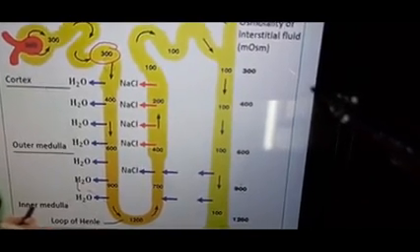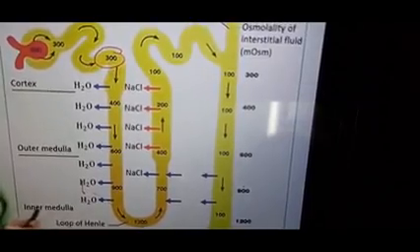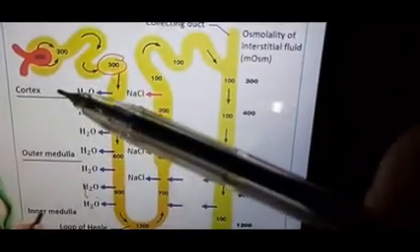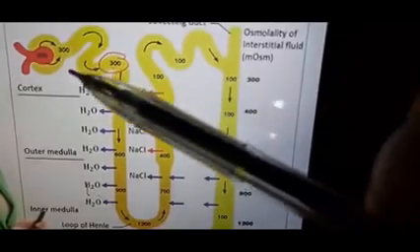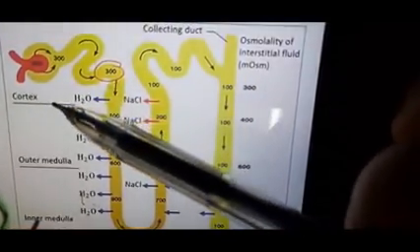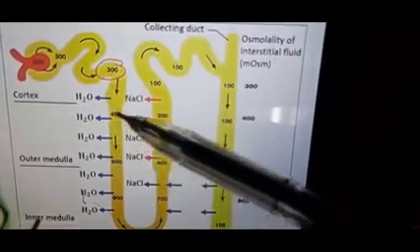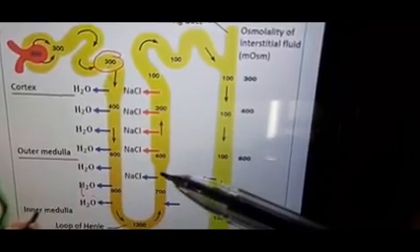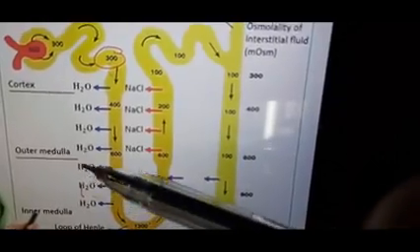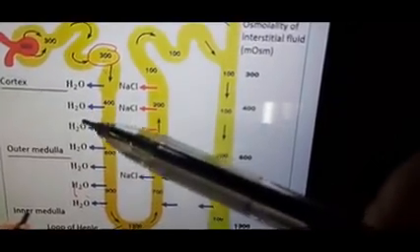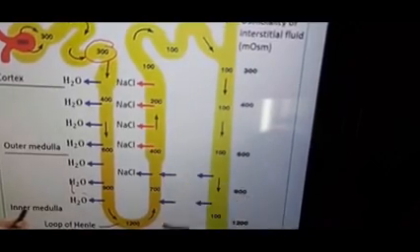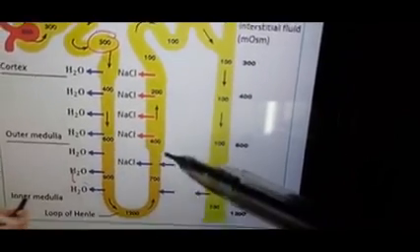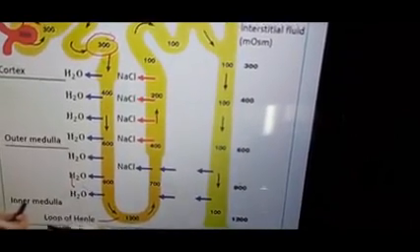Now, osmolarity of interstitial fluid. So now if we see this part of the nephron, it is present in the cortex region, then this part up to this broader part of the ascending limb of loop of Henle is present in the outer medulla, and then the remaining part, that is the thin part of the loop of Henle, or we can say the U part of the loop of Henle, is present in the inner medulla.